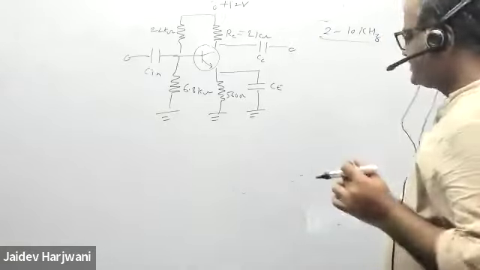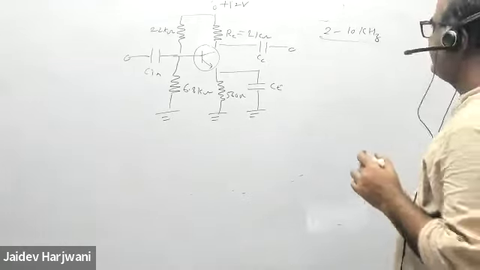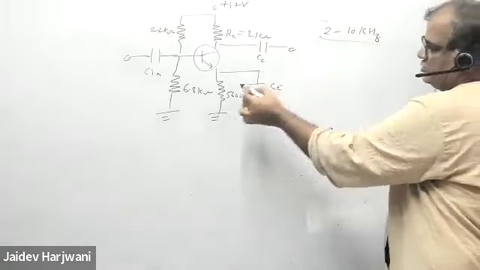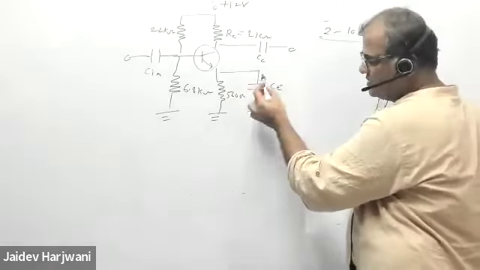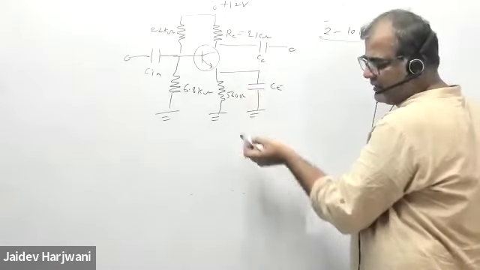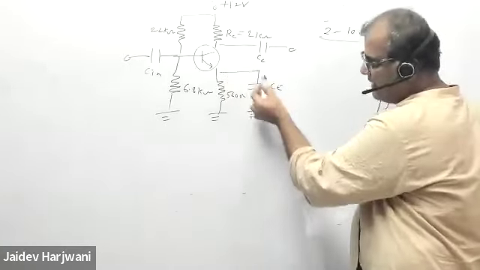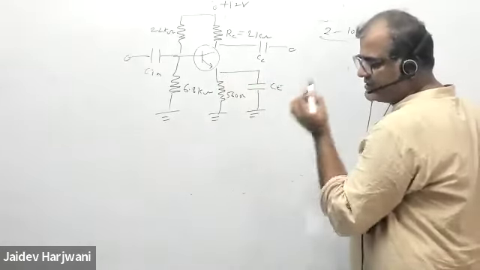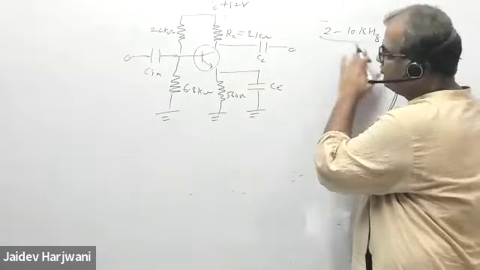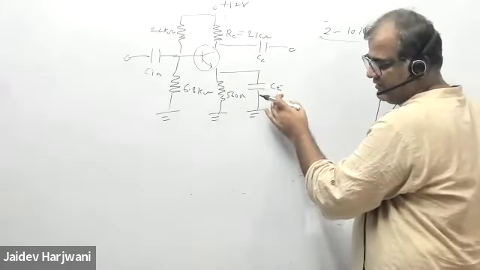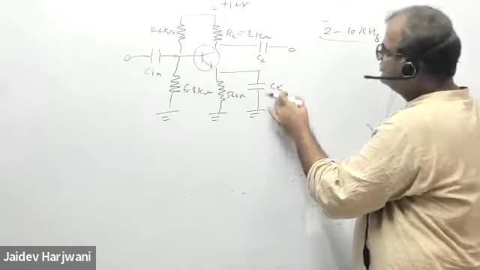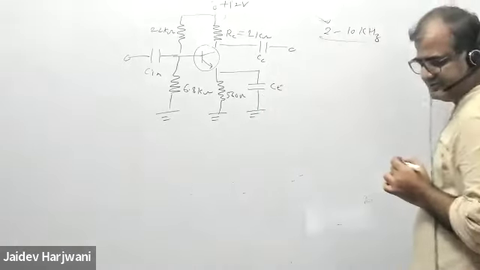If you want to pass a minimum frequency through this capacitor, because for DC it is open, it will not bypass. For AC it will bypass everything, so gain will increase. Now for this frequency range, I want to find at least what is the value of this capacitor, so that this frequency should pass.